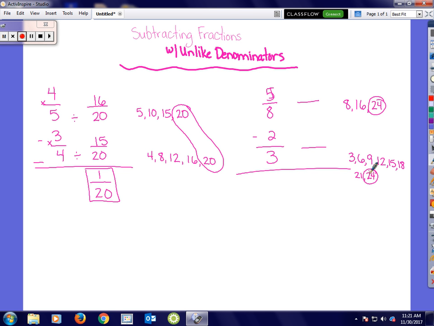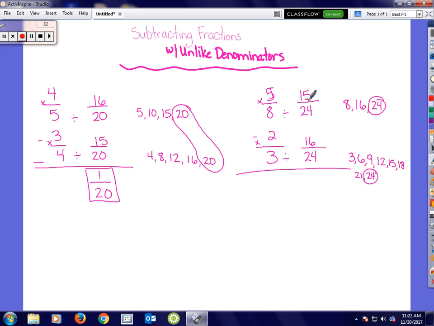It's just a little bit harder when you're working with those bigger numbers. So 24 is my new denominator. Divide, multiply, divide, multiply. 24 divided by 3 is 8, times 2 is 16. 24 divided by 8 is 3, times 5 is 15.